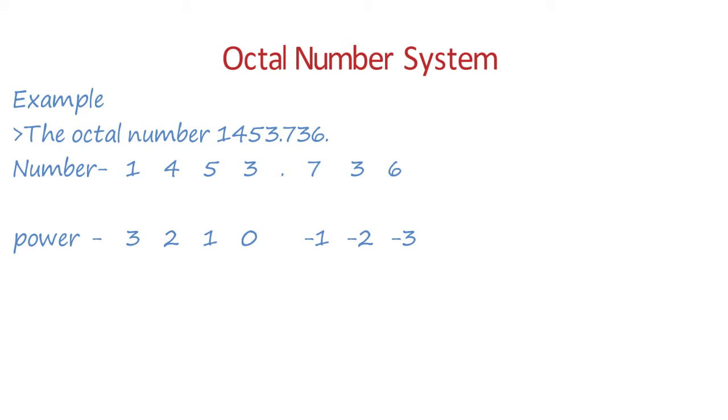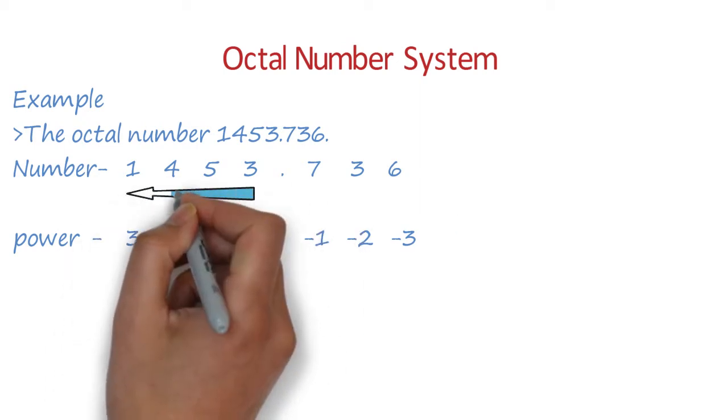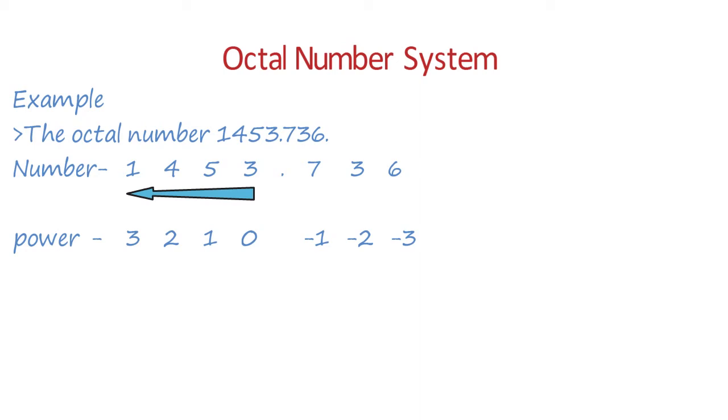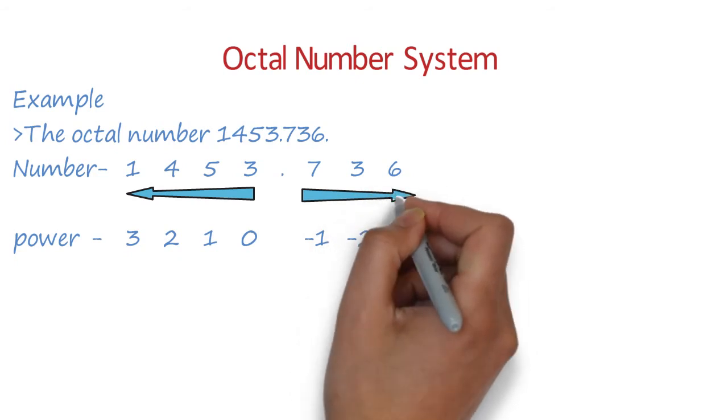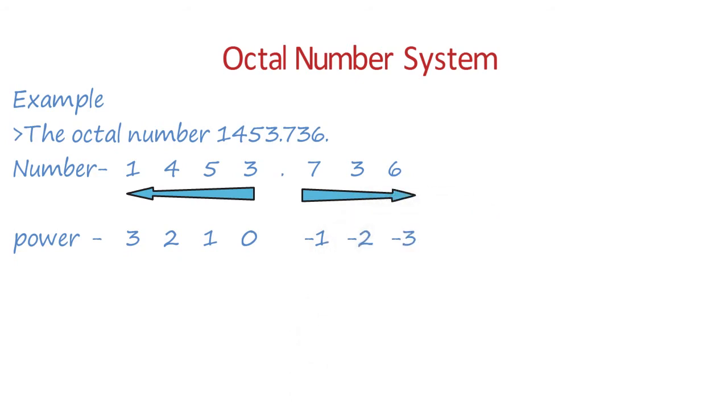The digits 3, 5, 4, 1 have weights of 8 raised to 0, 8 raised to 1, 8 raised to 2 and 8 raised to 3 respectively. Similarly, the digits 7, 3 and 6 have weights of 8 raised to minus 1, 8 raised to minus 2 and 8 raised to minus 3 respectively.